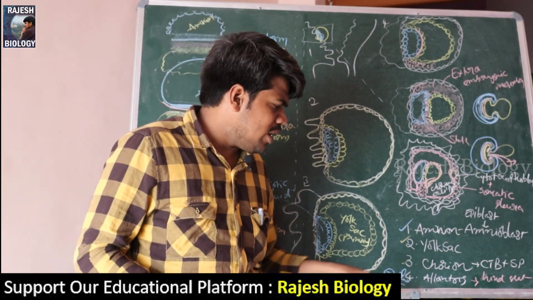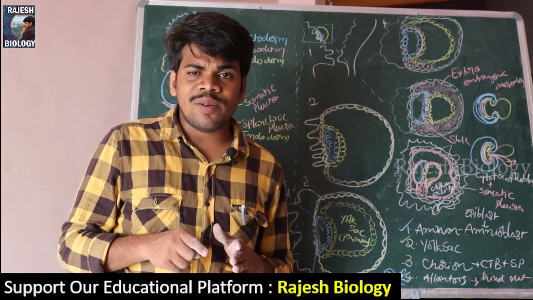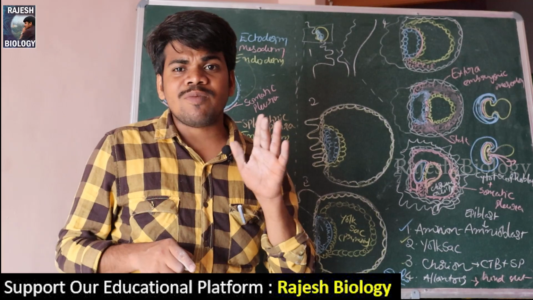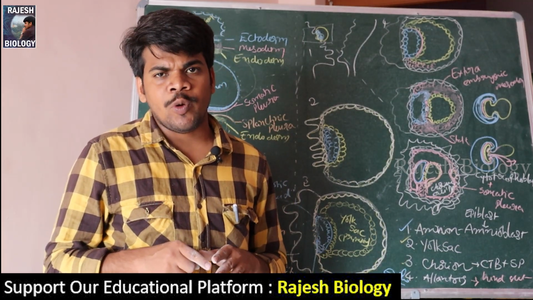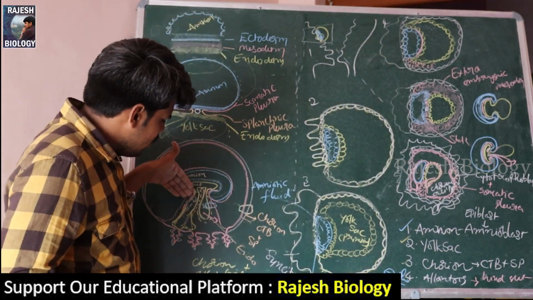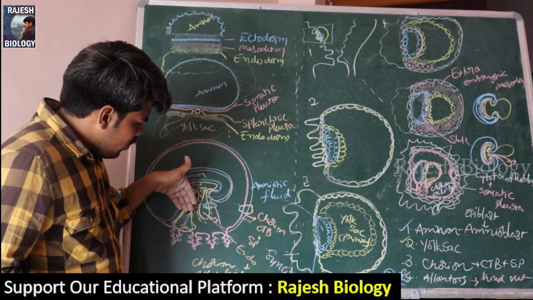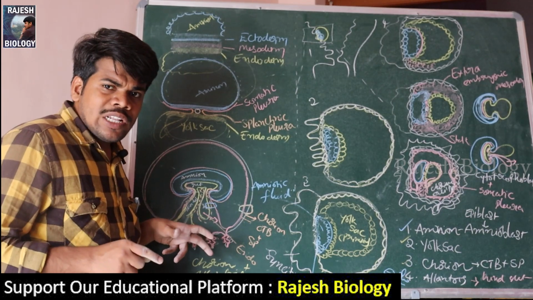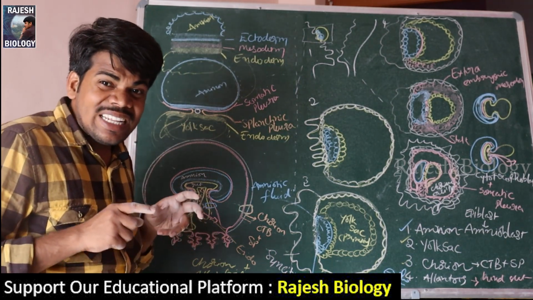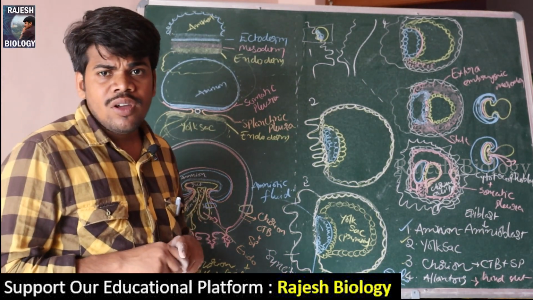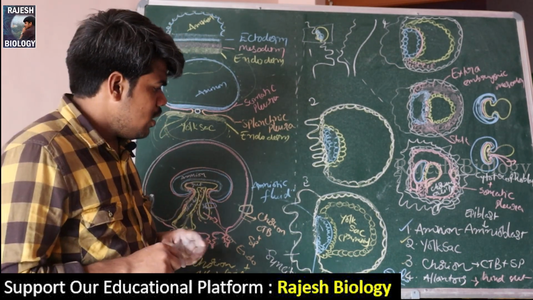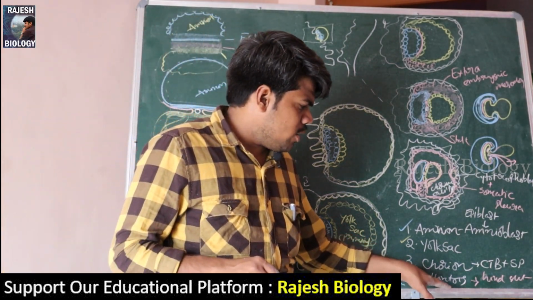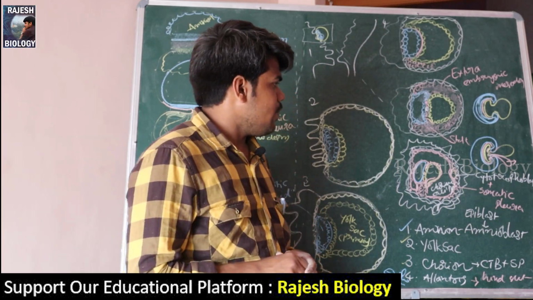The allantois is purely from the endoderm and the splanchnopleura. Wherever the allantois is connected with the chorion, that place becomes more vascular and participates in the formation of the fetal part of the placenta, and its main function is to store the waste materials.